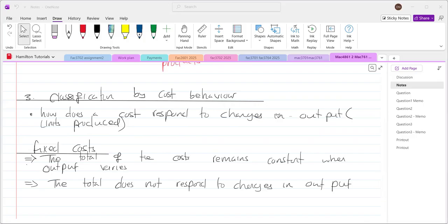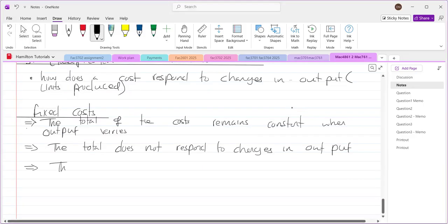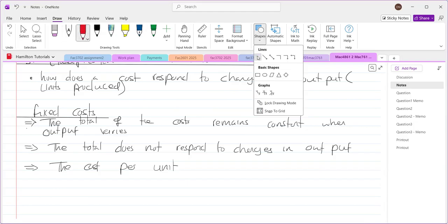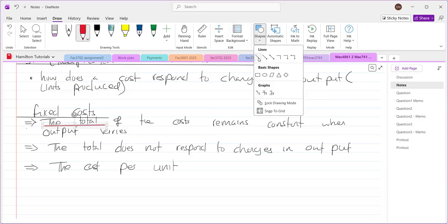Thank you. We can also add the cost per unit. So let's be clear. What does not change and therefore remains constant is our total, with emphasis on the total there.